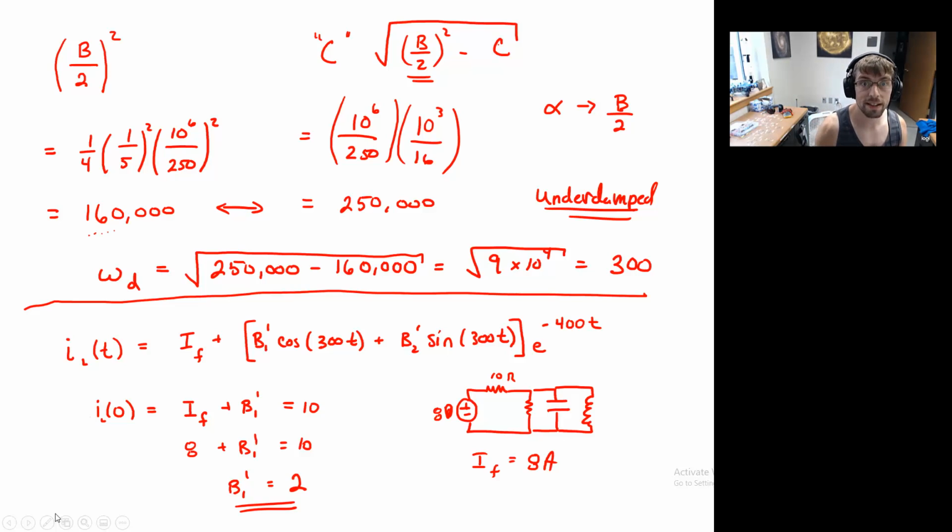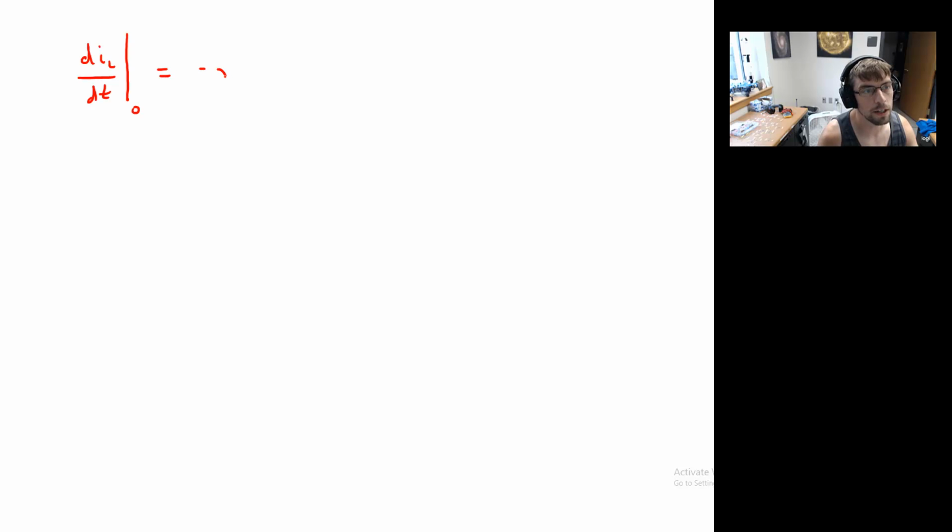Well, let's go ahead and get the other value, right? Not only do we have to worry about that, we're also told that we have to think about dIL/dt evaluated at time equals 0. And whatever value that is, that's going to be our negative alpha times B1 plus omega d times B2. Well, we already have the value for alpha. So this would be negative 400.